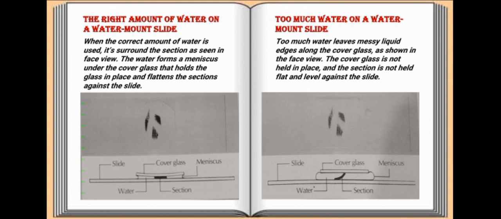And the next is the right amount of water on a water mount slide. When the correct amount of water is used, it surrounds the section, as is seen in the face view.